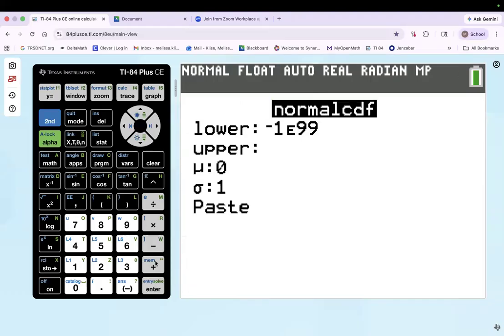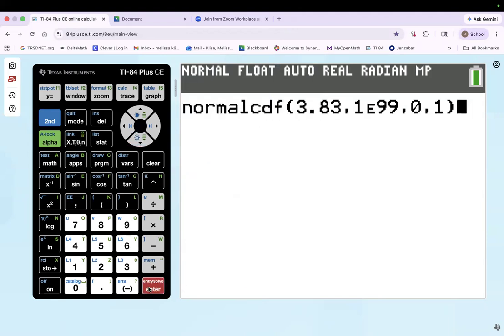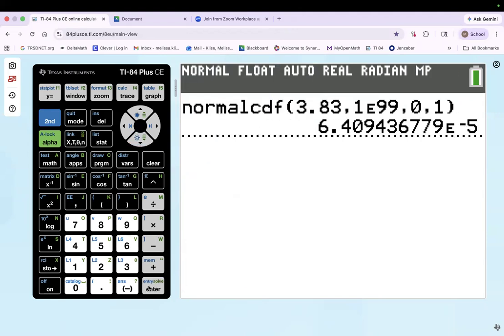I want to know the probability of getting a Z score greater than 3.83. Remember the 1E99? This is not the way we're going to do it, but you can do it this way. Hit enter.